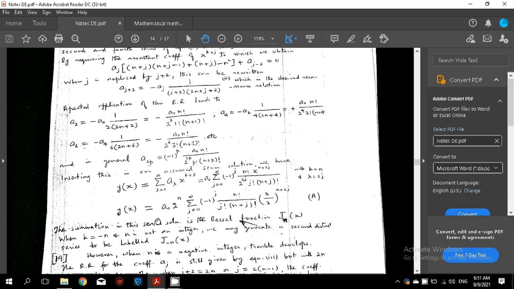The solution with n equal to plus n has been symbolized as J n of x, and the second solution is symbolized as J minus n of x. This J n of x is called the Bessel's function. Remember this name. This is the Bessel's function of first kind, which is the solution of the Bessel's differential equation as written here, and similarly we can find J minus n of x.